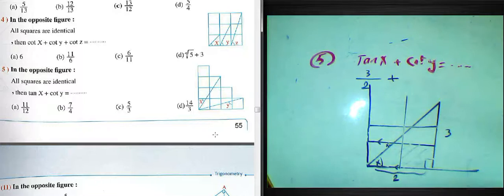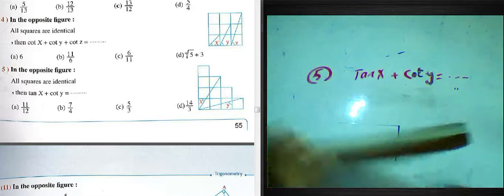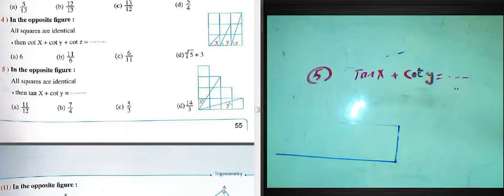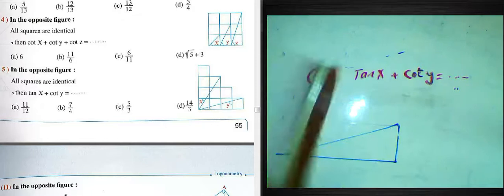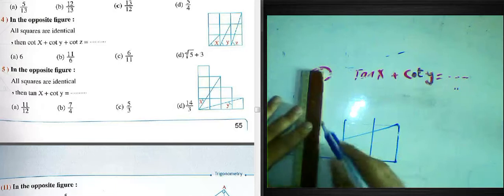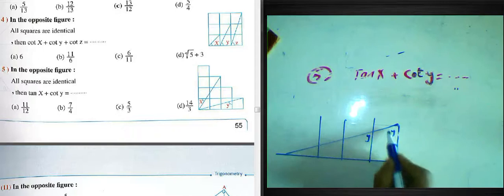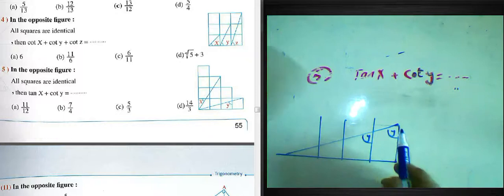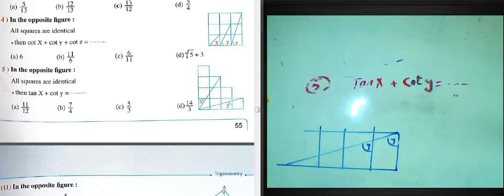I will clear it to observe. One, 2, 3, 4. This angle y equals the corresponding angle here, because the side length is parallel to the side length of the base.